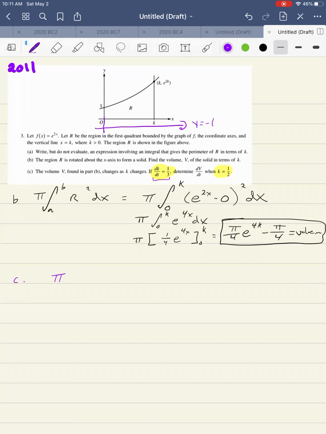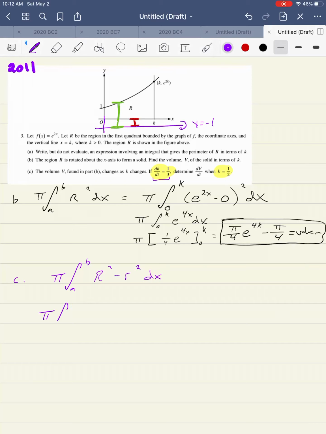Remember, the washer method is pi integral from a to b of big R squared minus little r squared dx. The outer radius is the furthest distance from the center of revolution, and the inner radius is the smaller one to the center of revolution.